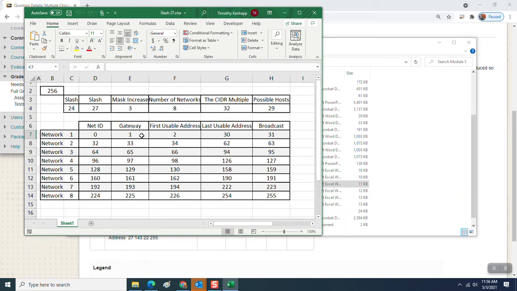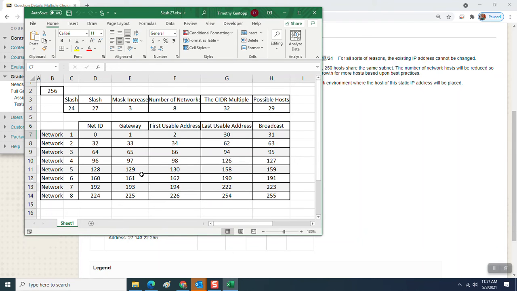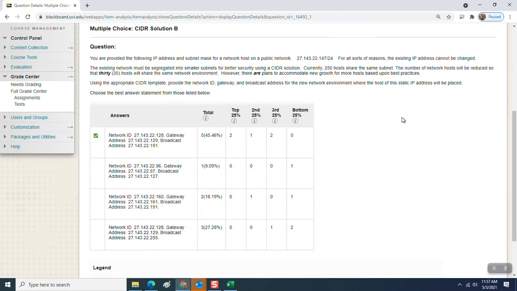If you add the gateway to that, you have 29 you can accommodate, and the gateway is the 30th host. Let's see. The solution reads that the original address is 147. If I look on this breakout, the first usable address that's going to work for 147 is this network number 5, which means the network ID is 128, the gateway is 129, and the broadcast is 159.